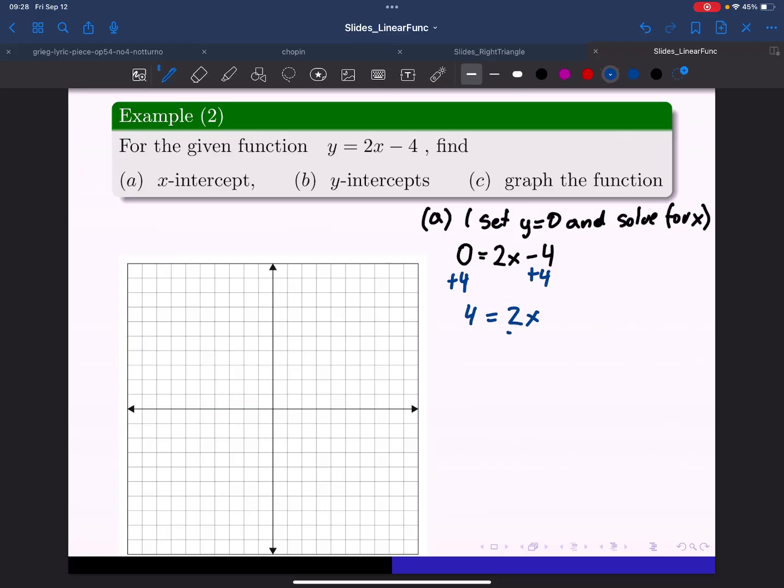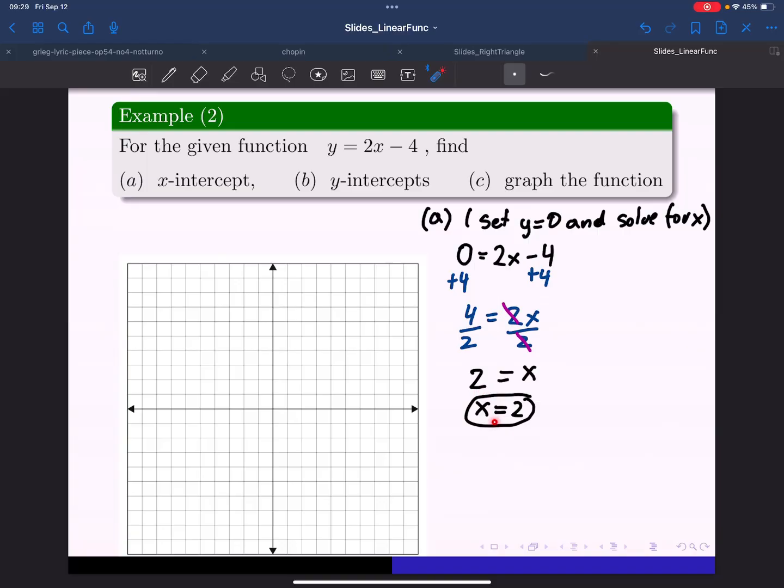So then we divide by 2, and this 2 cancels out. So what we have is x is equal to 4 divided by 2, which is just 2. So we can write that x is equal to 2. That's my x-intercept.